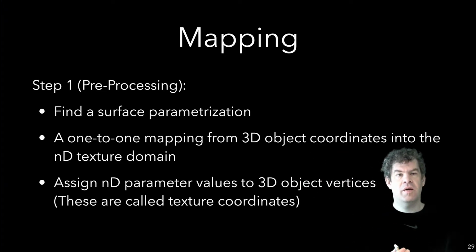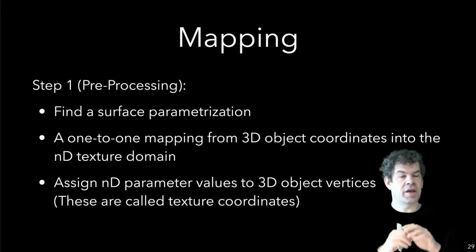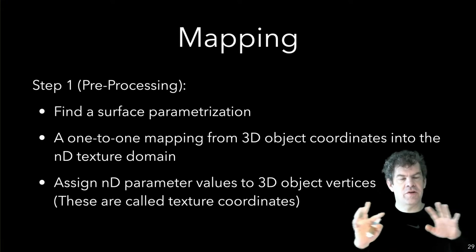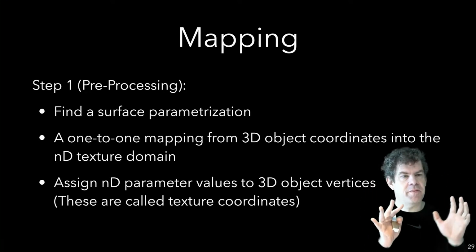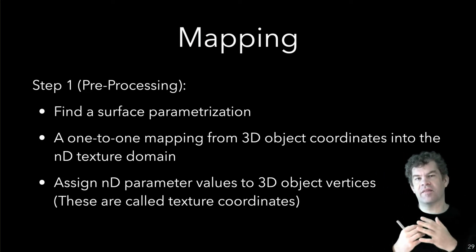If we're talking about a watertight surface, well, it's a two-dimensional manifold. It's in 3D, every point has 3D coordinates, but it's a two-dimensional thing. So there should be some way that we can find a parameterization of that surface. Well, it turns out it's not that trivial.